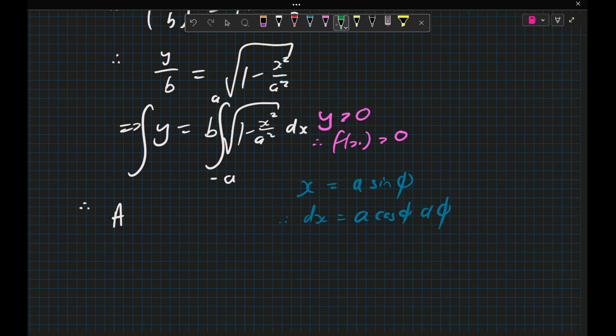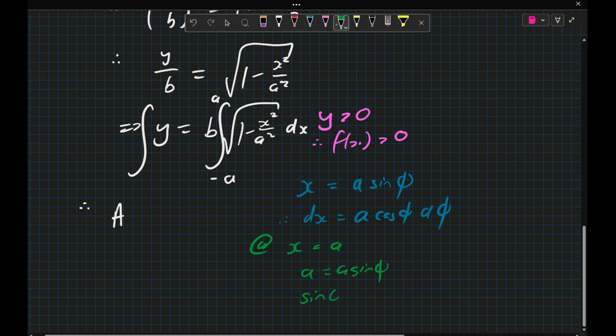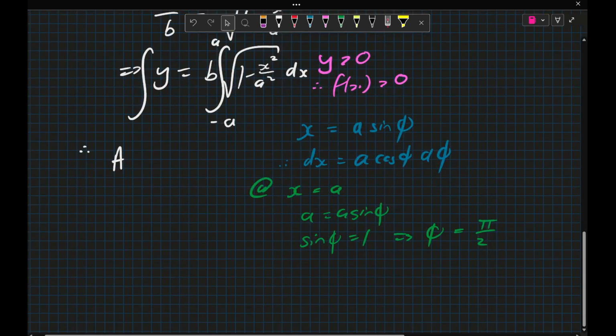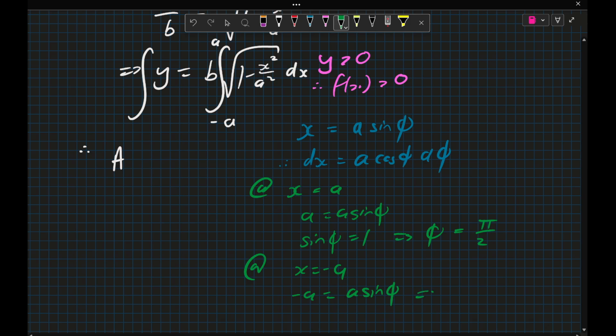Well, we know that at x equals a, we're going to get a equals a sine of phi. So sine of phi therefore has to be 1, which implies that for acute phi, it's going to be positive pi over 2. And at x equal to negative a, we're going to get negative a is again still a sine phi, and then following the same steps, we'll get phi is actually minus pi over 2.